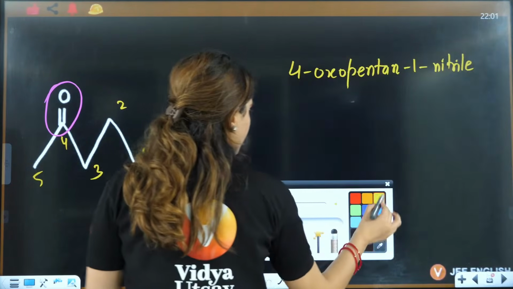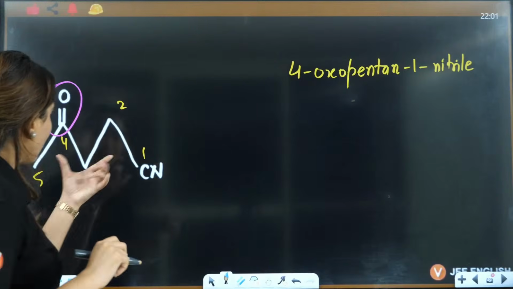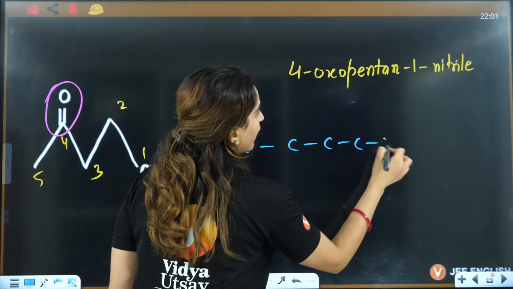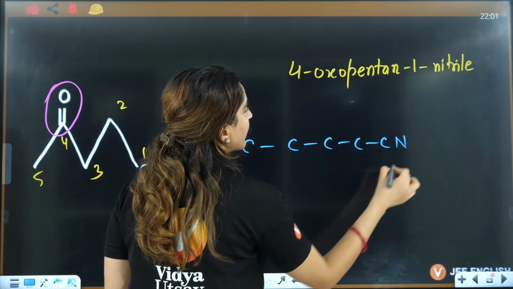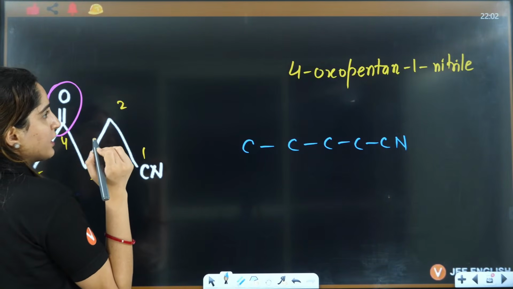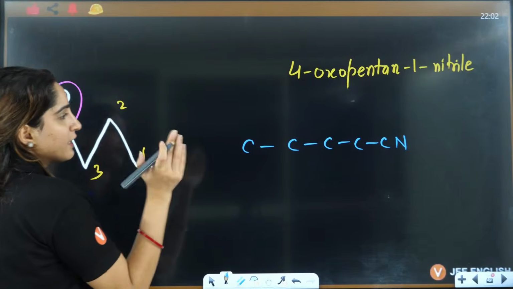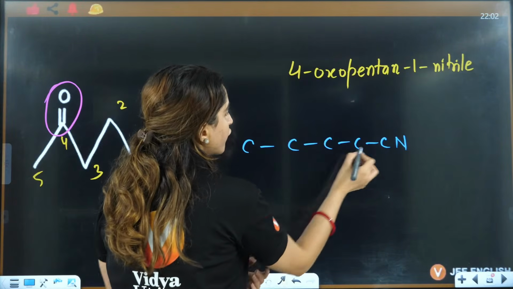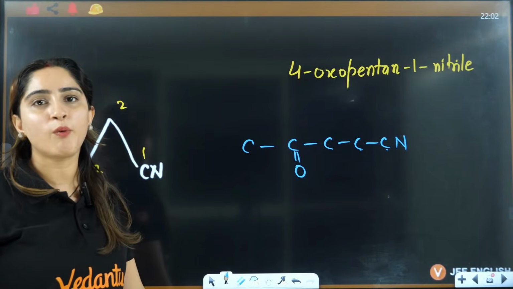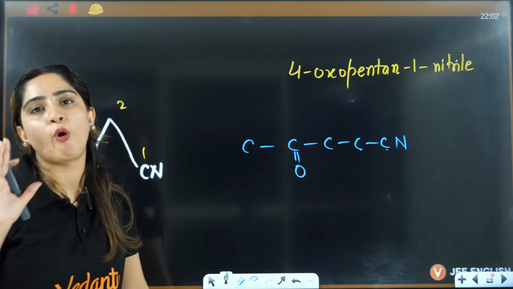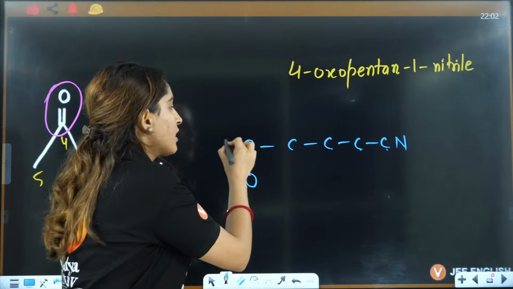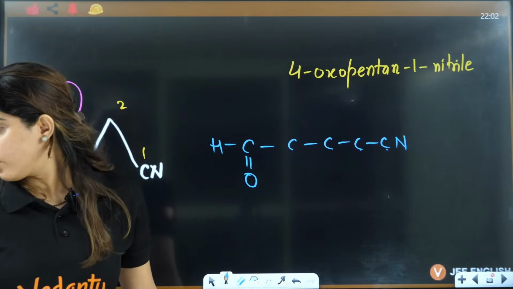If I draw 1, 2, 3, 4, 5 pentane, on 1 you have nitrile, that means this is nitrile only. 4 oxo means 1, 2, 3, 4. Even if it's a double bond, oxo represents double bond O. Now if it would have been 5 oxo, I would have written it like this. Then it would have been aldehyde.